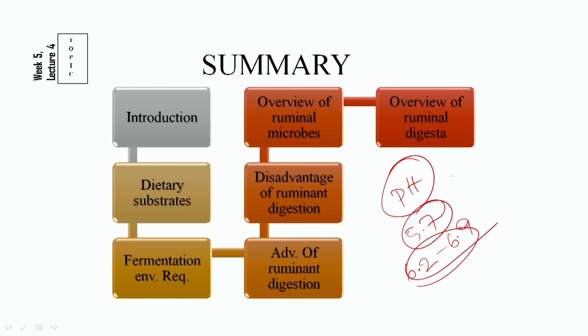Whereas the primary amylolytic bacteria are active when the pH is approximately 5.8. Remember this. And when there is a lactic acidosis condition, the pH decreases, and the number of microbes, the quantity and quality, varies depending on the pH of the rumen.